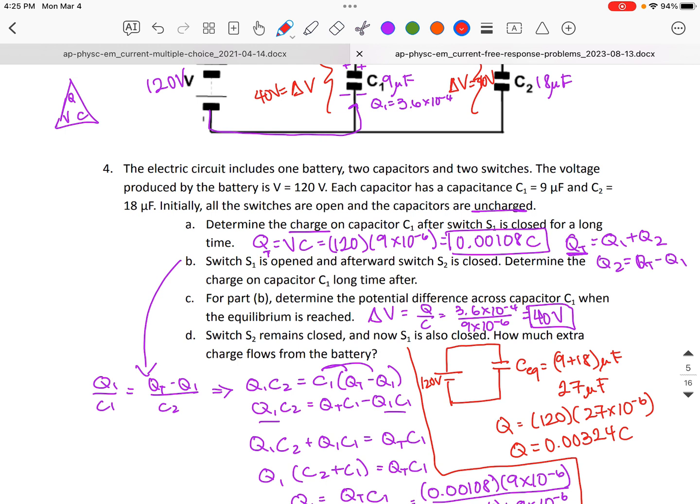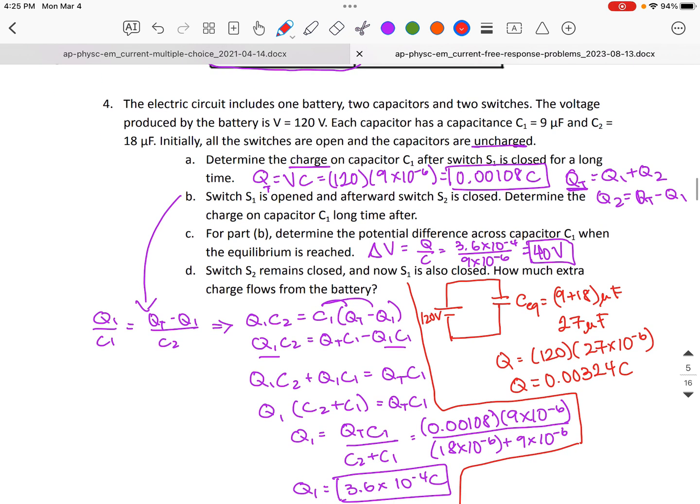That is the net charge that goes into the full circuit with the two capacitors. I originally started with a total charge of 0.00108.